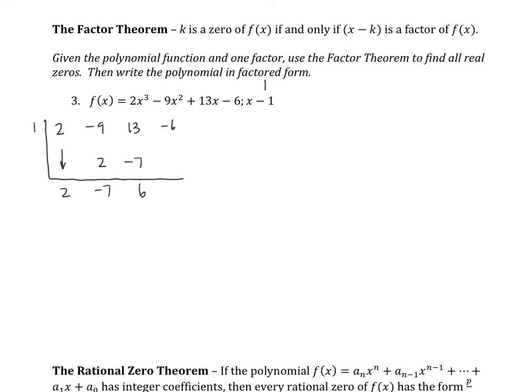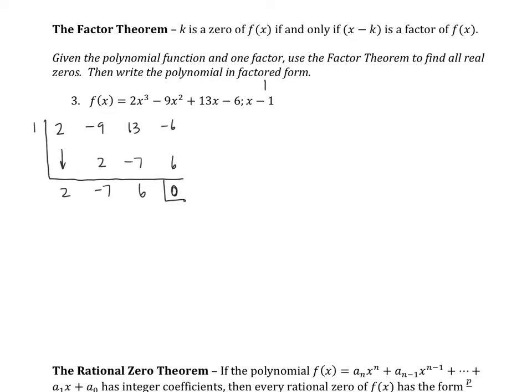Add and get 6. 1 times 6 is 6. Add and get 0. Now, since we are told in the directions that x minus 1 is a factor, then we should expect to get 0 as our remainder. If we don't get 0, then that's not a factor, which contradicts with the directions, right?